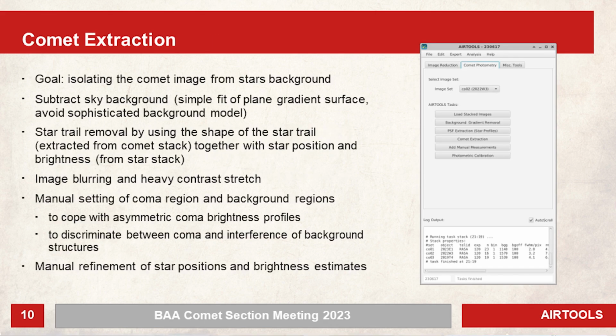Now the more interesting part is the extraction of the comet. We want to isolate the comet image from the star background, and the first step, to the right, is the second tab of the graphical user interface. You start by subtracting off the sky background, which is done by a very simple fit of a plane gradient over the field of view.